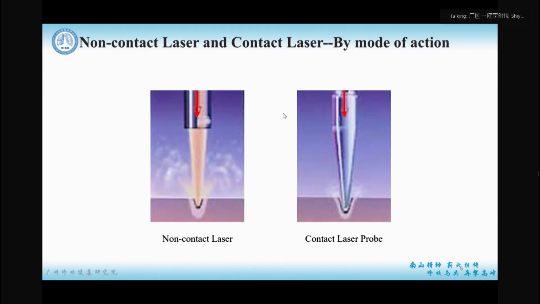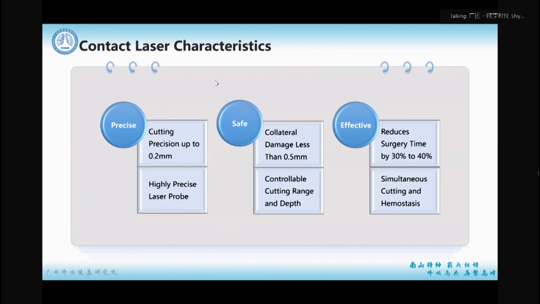For this case, we used the contact laser. The characteristic of the contact laser, as we know, is cutting precision up to 0.2 millimeter, with a highly precise laser probe, and it's safe.